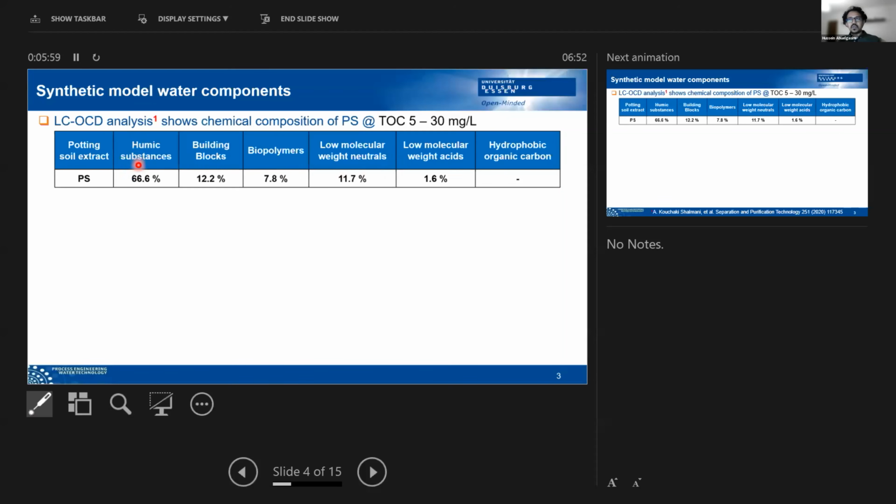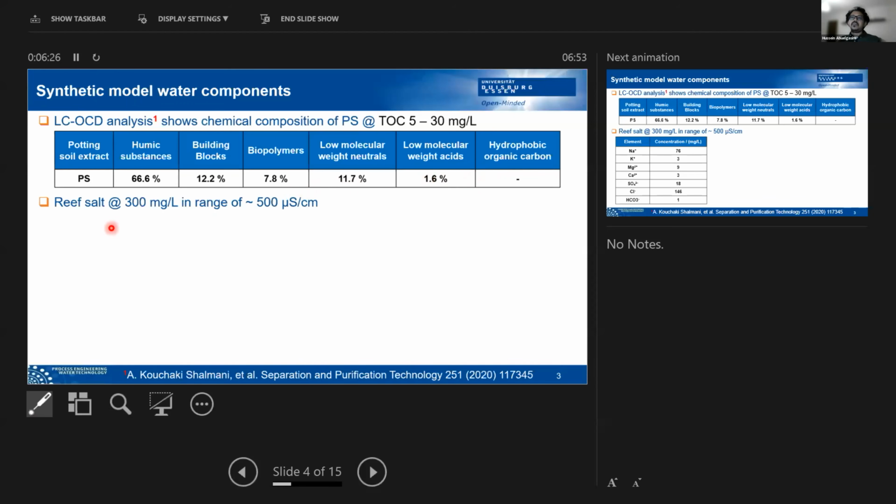The original stock solution is mainly humic acid substances, which represent almost 66%. This potting soil extract, as a source of natural organic matter, also contains building blocks, biopolymers such as polysaccharides, low molecular weight neutrals, and acids. And there is no hydrophobic organic carbon.